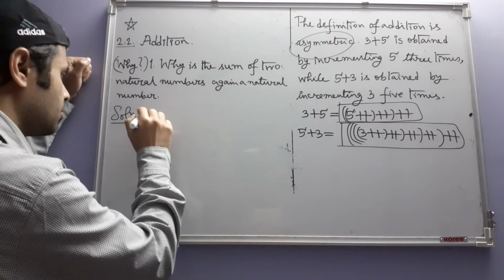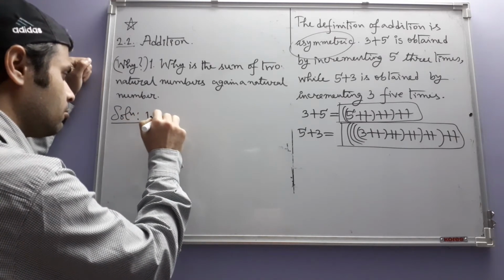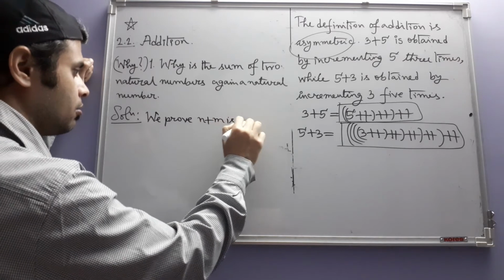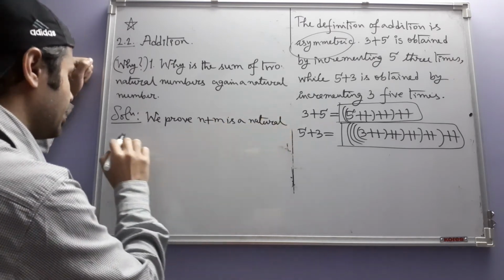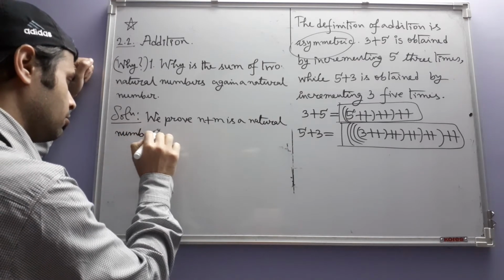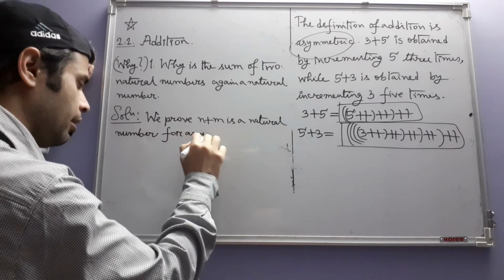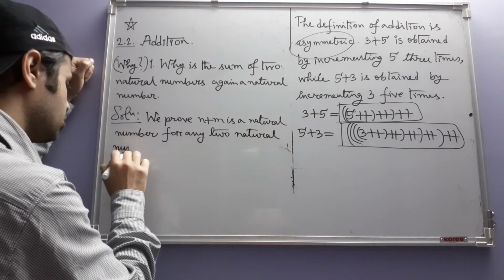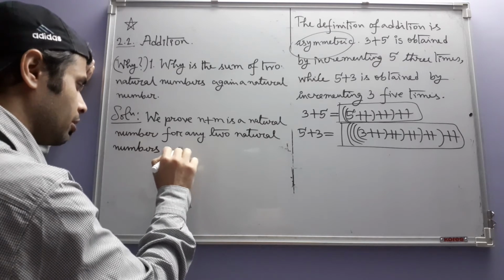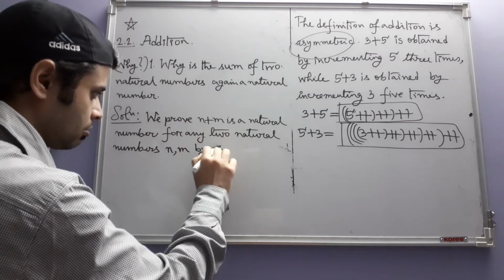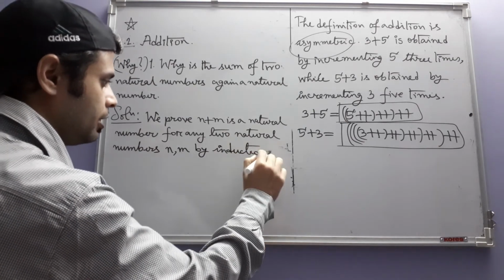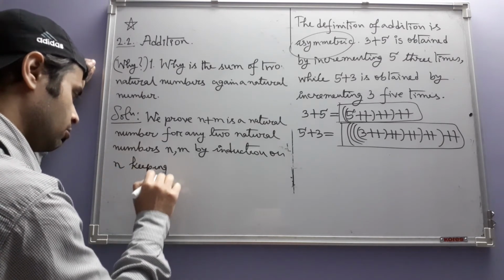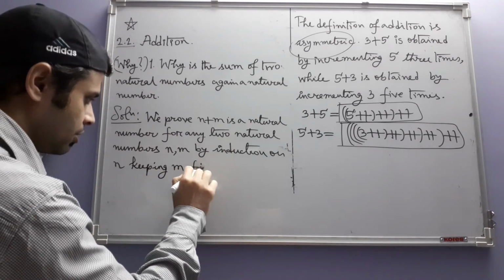To prove this, we prove n plus m is a natural number for any two natural numbers n, m by induction on n, keeping m fixed.